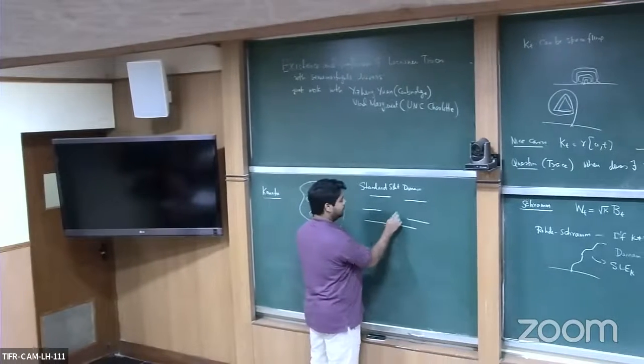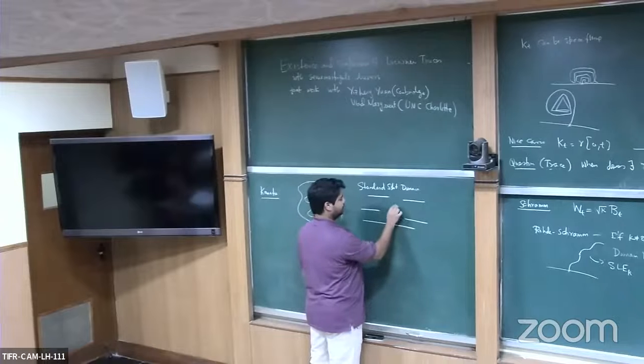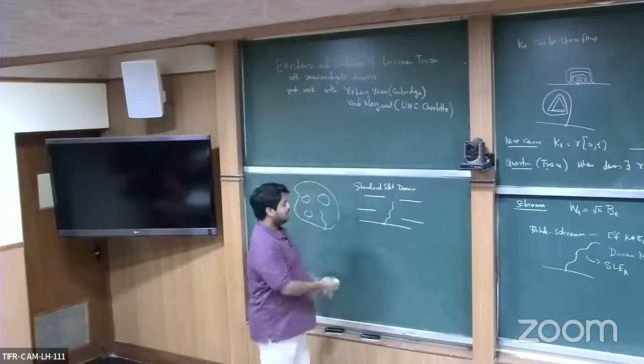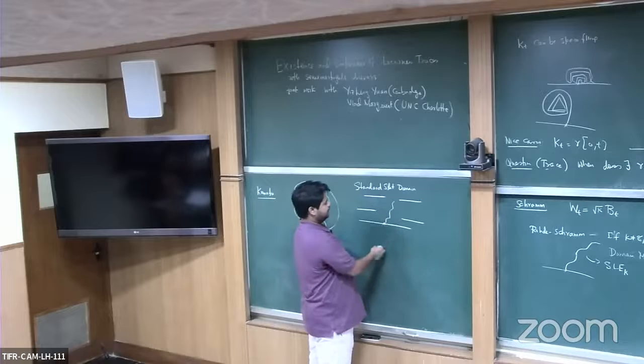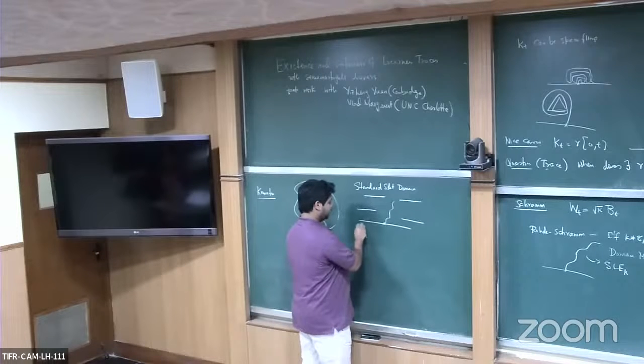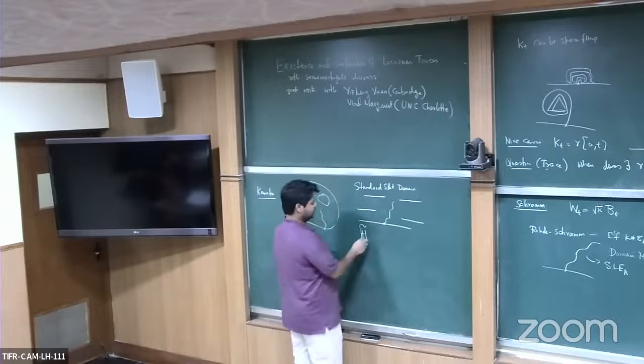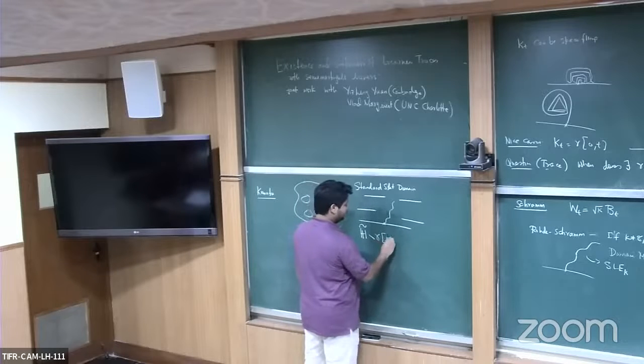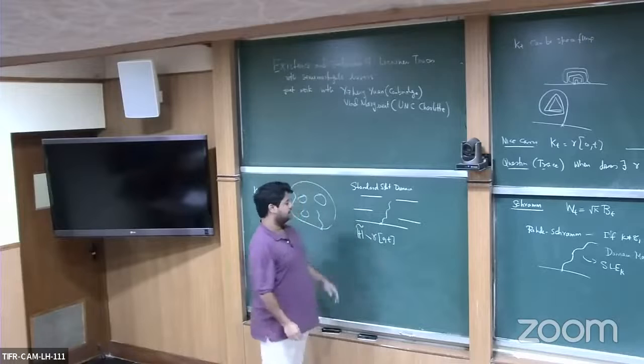Okay, and in this domain, I'm going to grow a curve like that and take it out. So I have a domain H tilde, which is a finitely connected domain, and I'm going to take the curve out from this.